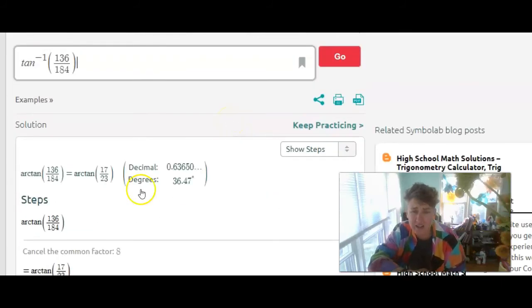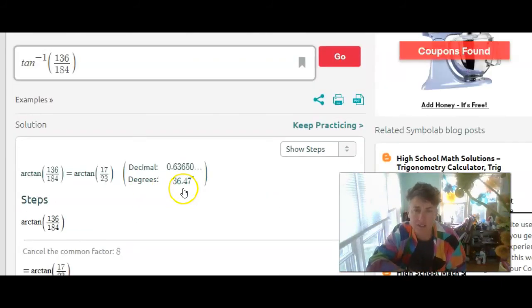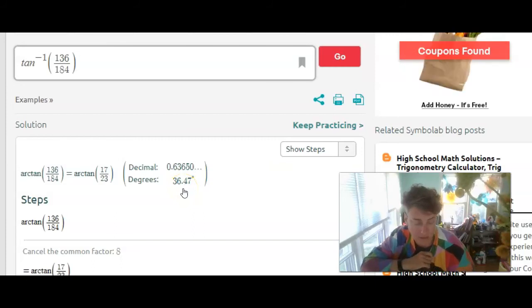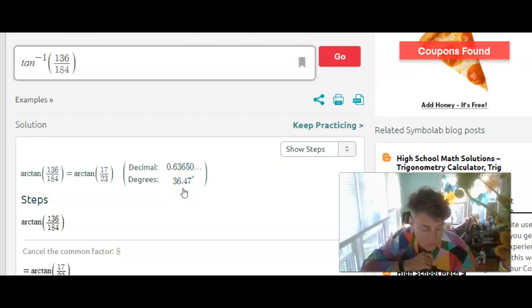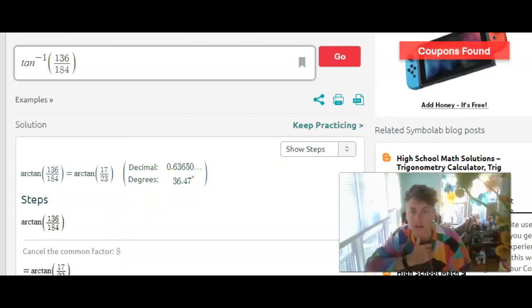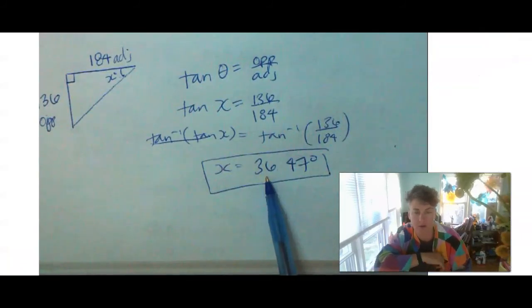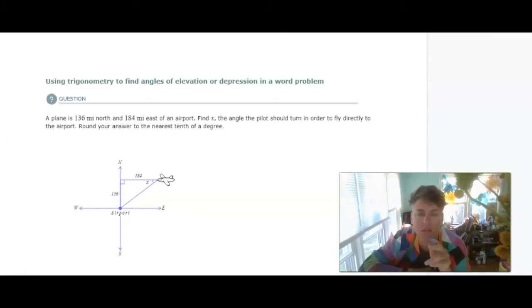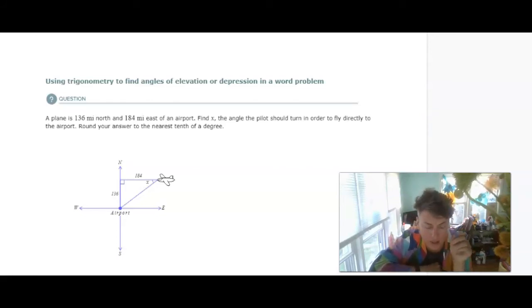Excellent. 36.47 degrees. Which means the pilot should turn the airplane 36.47 degrees downward in order to go directly to the airport.